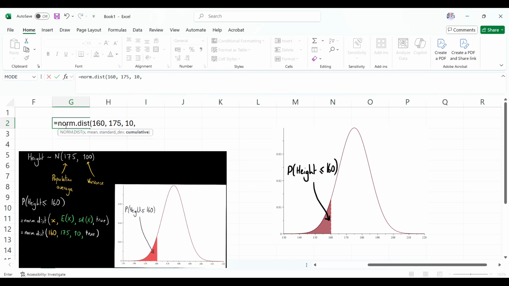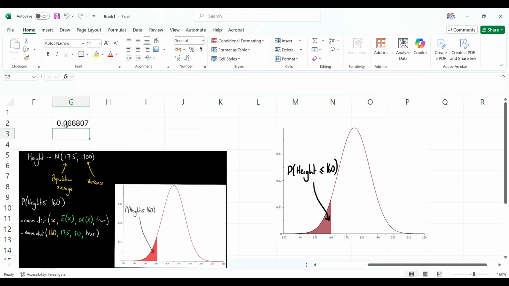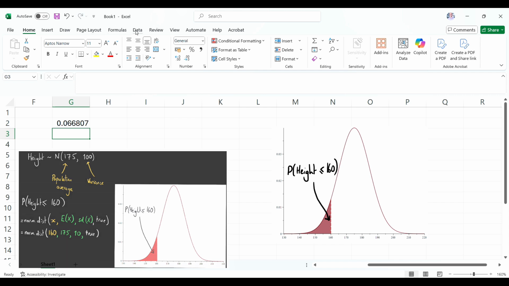And the final bit, the cumulative, this is saying we want the cumulative probability. We say that's TRUE, and that gives us a probability equal to 0.066807. So this shaded area is equal to that probability of 0.066807.